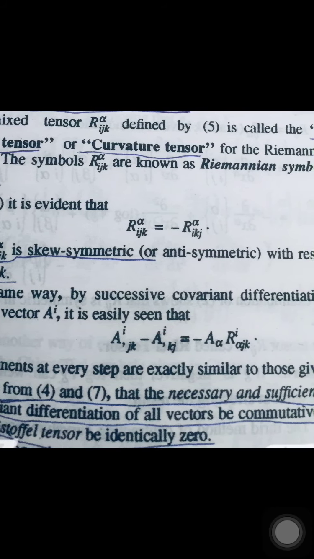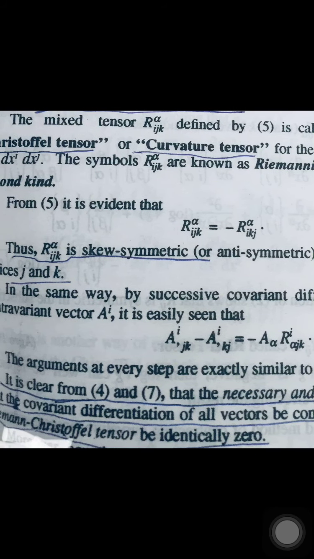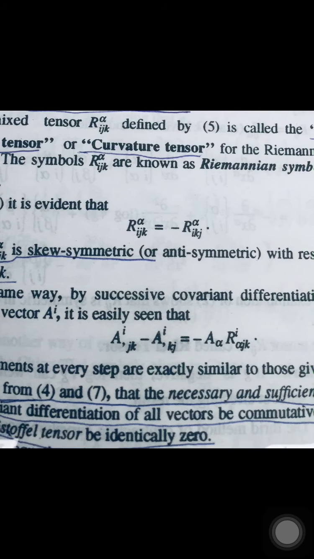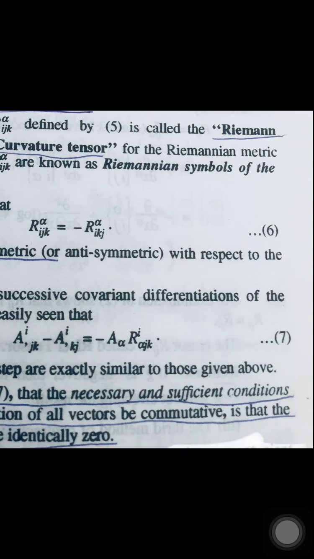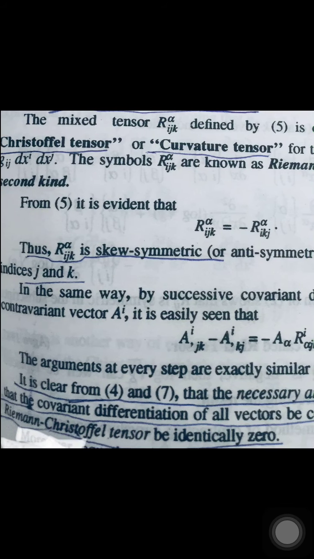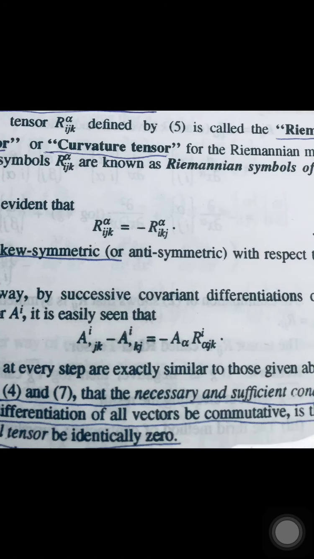What we are seeing from 4 and 7 is that the necessary and sufficient condition for the covariant differentiation of all vectors to be commutative is that the Riemannian Christoffel tensor is identically 0. If R^alpha_{ijk} vanishes, then a_{i,jk} minus a_{i,kj} is equal to 0, meaning a_{i,jk} equals a_{i,kj}, so it is commutative in j and k.